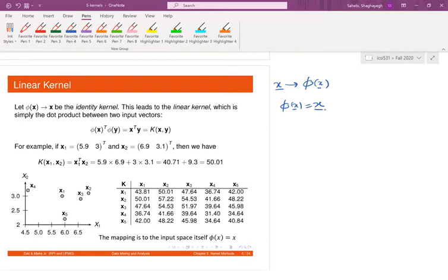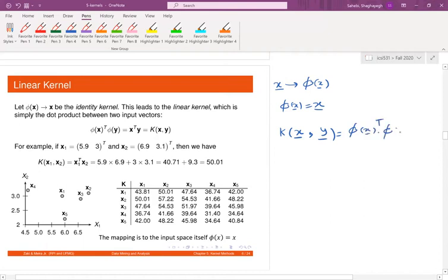So if I want to calculate the kernel function between two data points, x and y, which is equal to phi of x transpose dot phi of y, that is the definition of kernel, right?